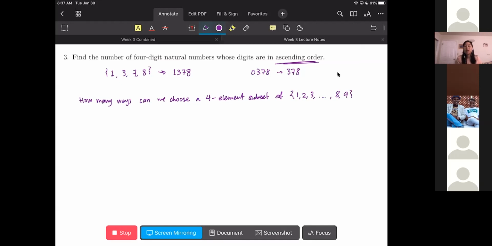We also note that we can't use 0, because if we have 0 in our subset, that will lead to a 3-digit number. So I've transformed this problem into a different one: how many ways can we choose a 4-element subset of the set 1, 2, 3, 4, 5, 6, 7, 8, 9?